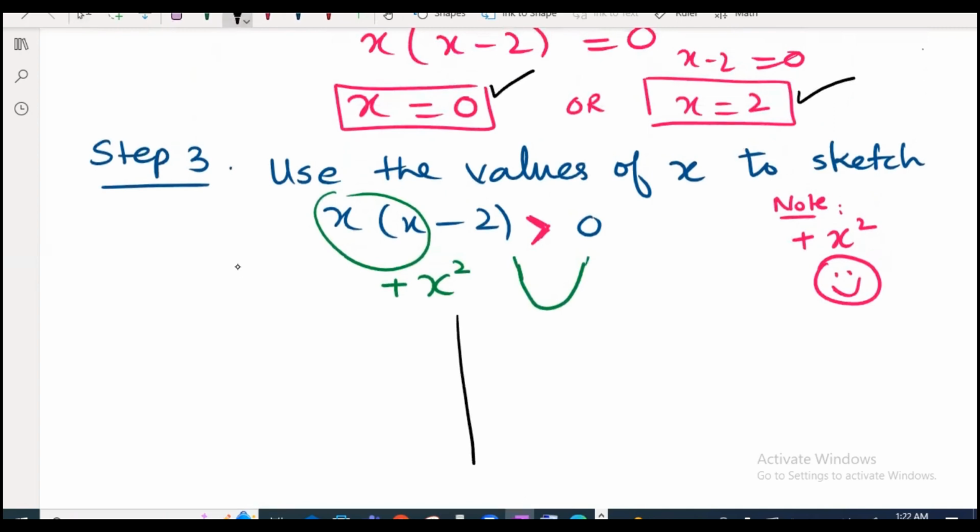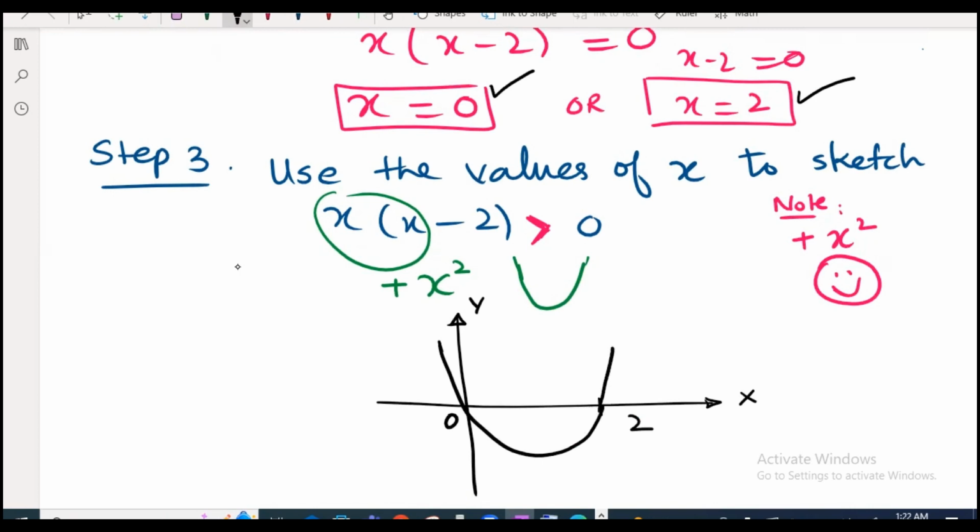So draw the graph. Zero, and suppose this is 2. This is the sketch of x times x minus 2.